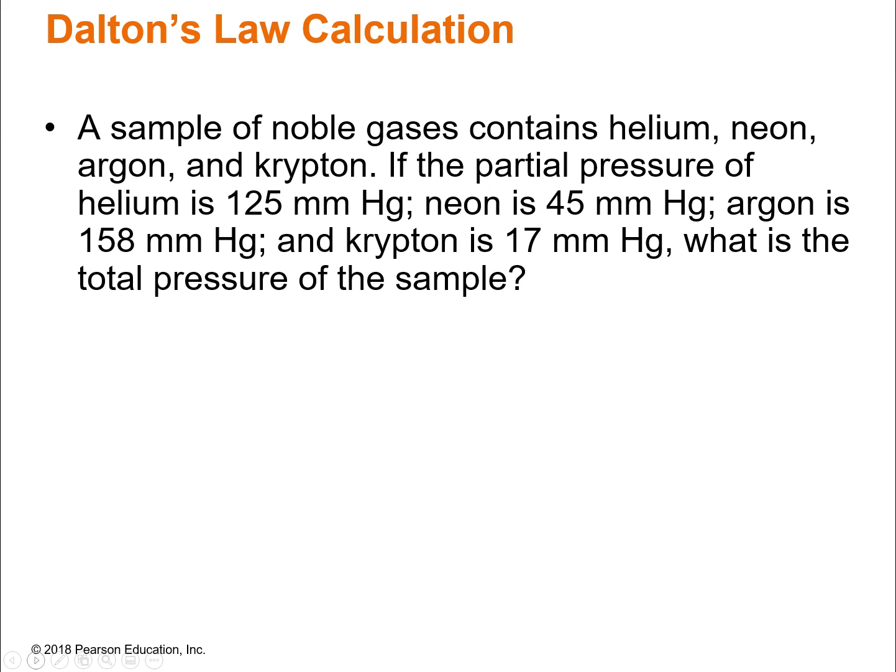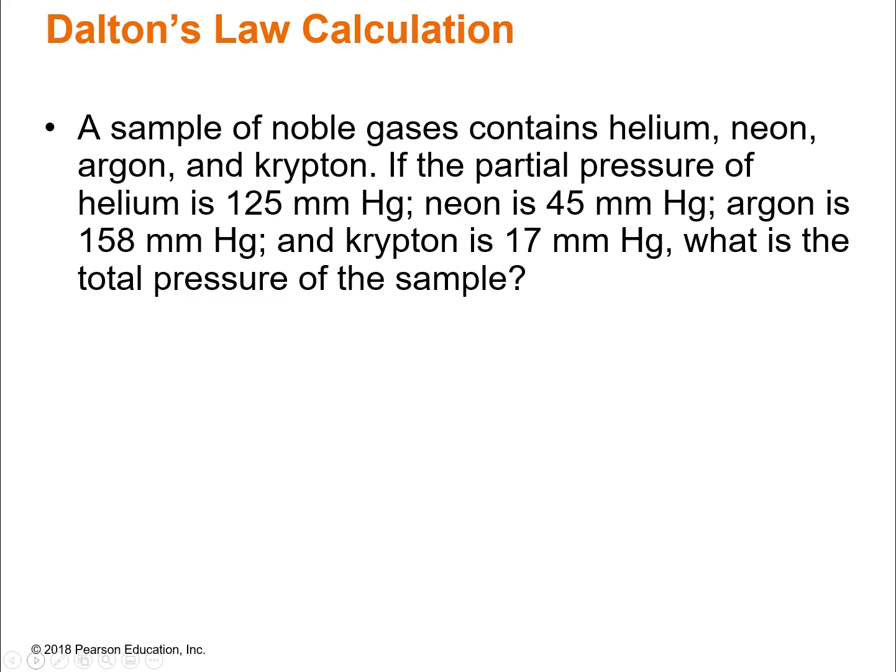Perfect timing. Okay. So we're talking about Dalton's law and how the total pressure in a container that has a mixture of gases is simply equal to the sum of all the partial pressures of each gas. In this problem, we have a sample of noble gases: helium, neon, argon, and krypton.